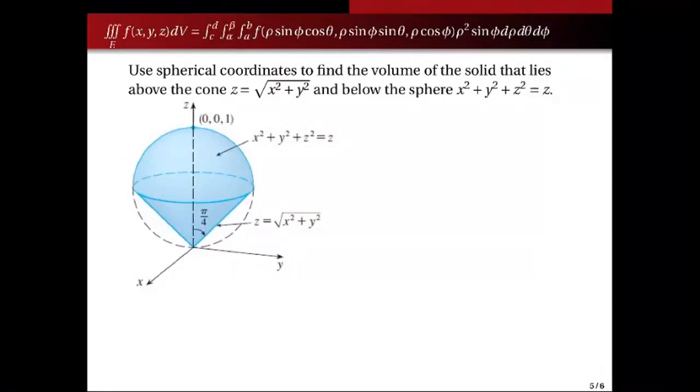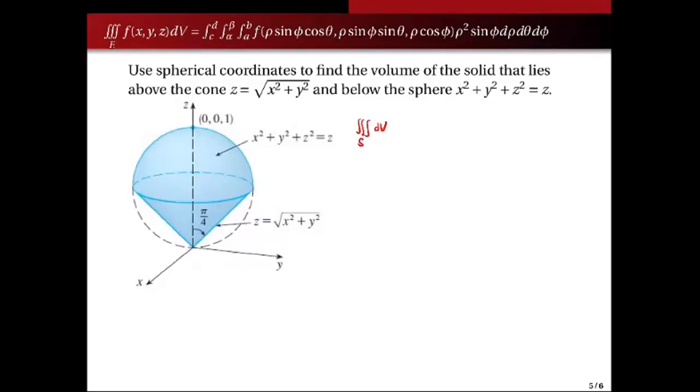Of course, volume of the solid means your function is 1. So you will have the integral over that solid S dV. So the main problem is what are the limits of integration. So this is very similar to what we have earlier.